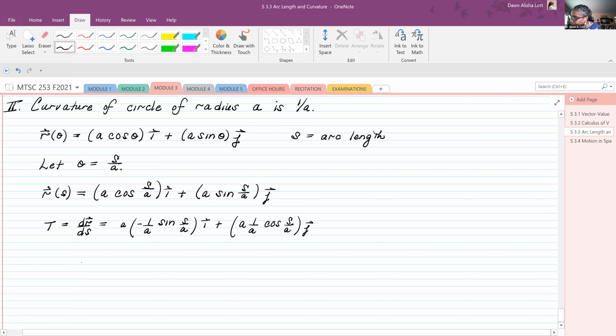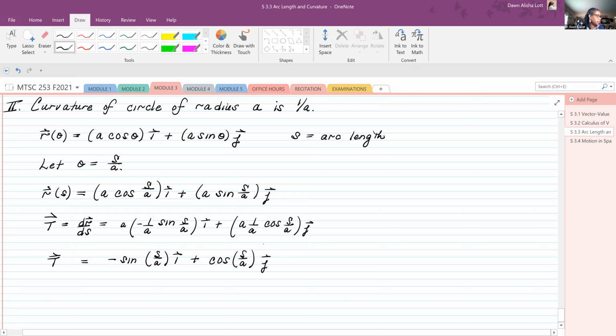So this is now T, which is negative sine of s over a, i, plus the cosine of s over a, j.